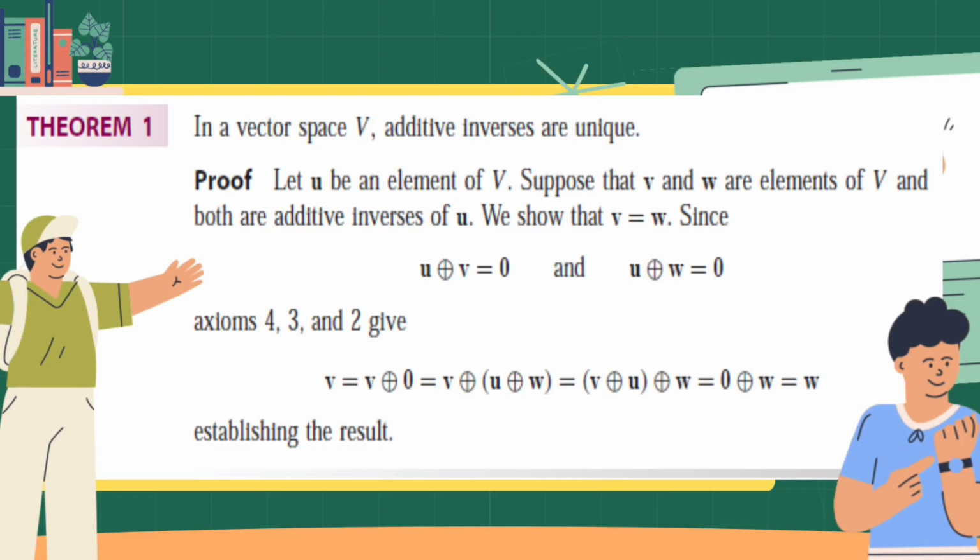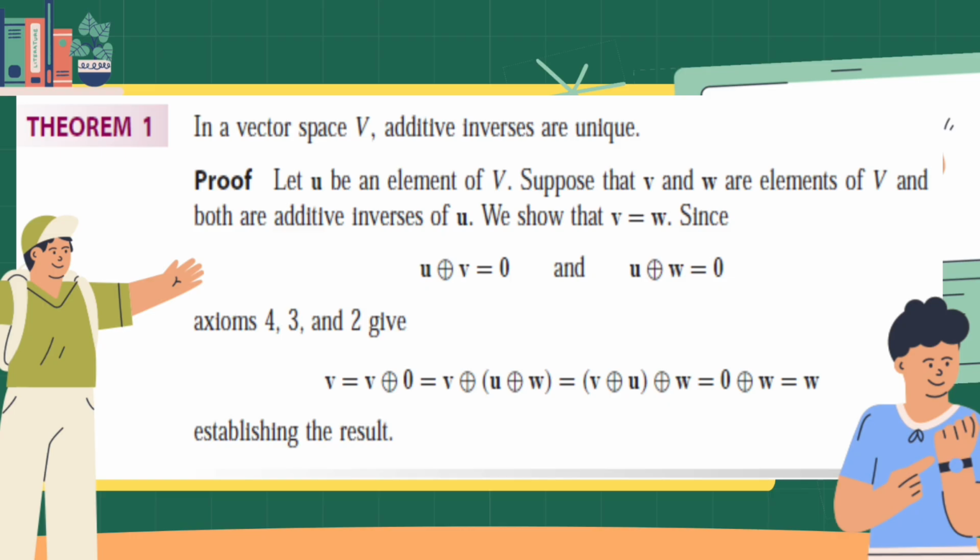Now, let's look at theorem 1. In a vector space, additive inverses are unique. Suppose we have a vector u. If both v and w are additive inverses of u, then by definition, u plus v is equal to 0 and u plus w is equal to 0.